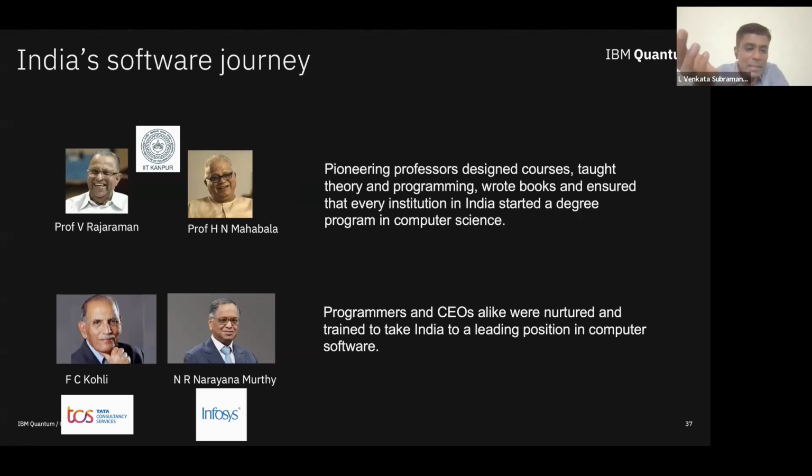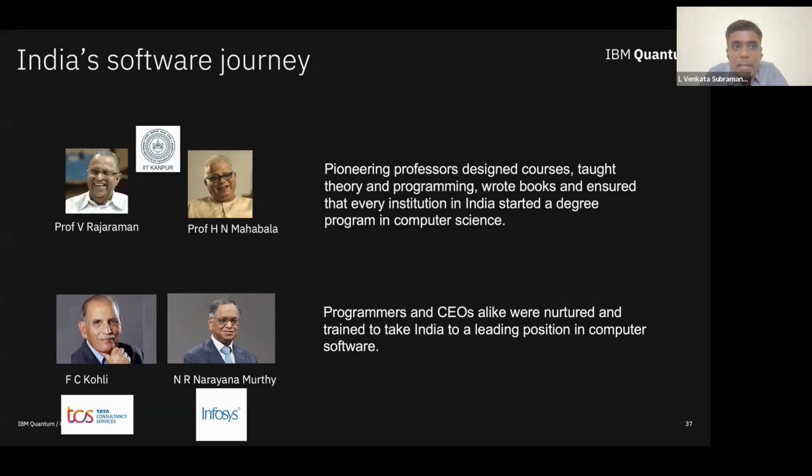In fact, I studied in the 80s and 90s, and at that time we used the Fortran textbook from Professor Rajaraman, right? There were many things that early professors did, and IIT Kanpur started the first MTech program in computer science in the 60s, and Narayan Murthy was from the second batch of that.